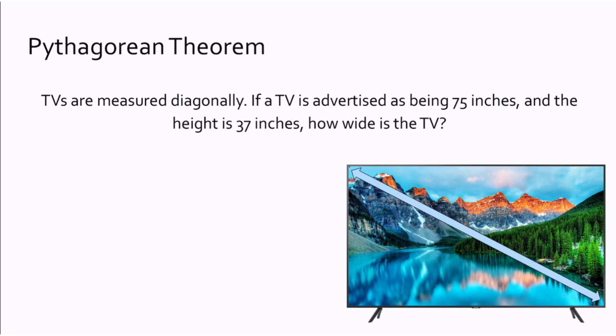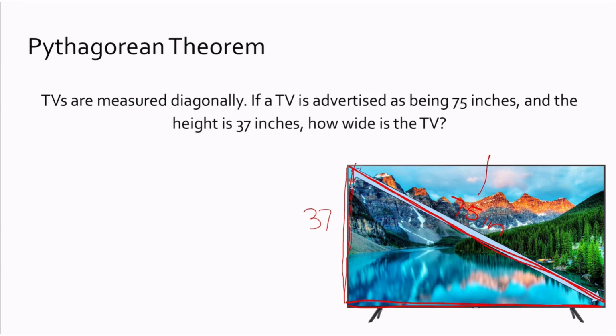How wide is the TV? So if the television is measured diagonally, we know that this is 75 inches. And then the height is 37 inches. How wide is this TV?